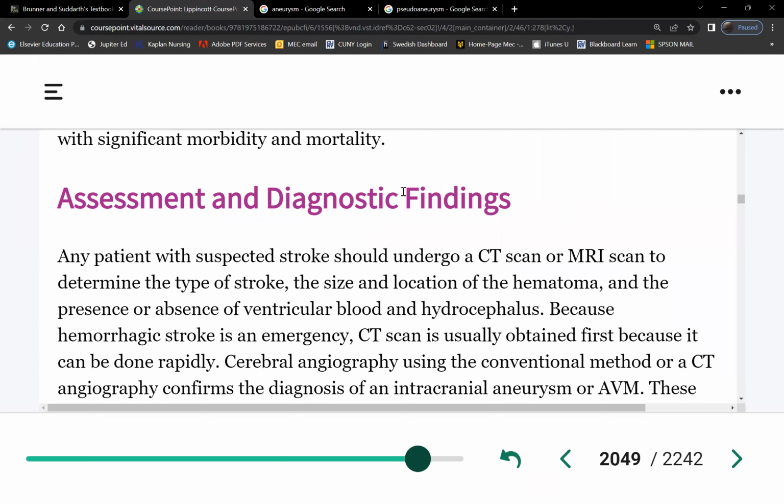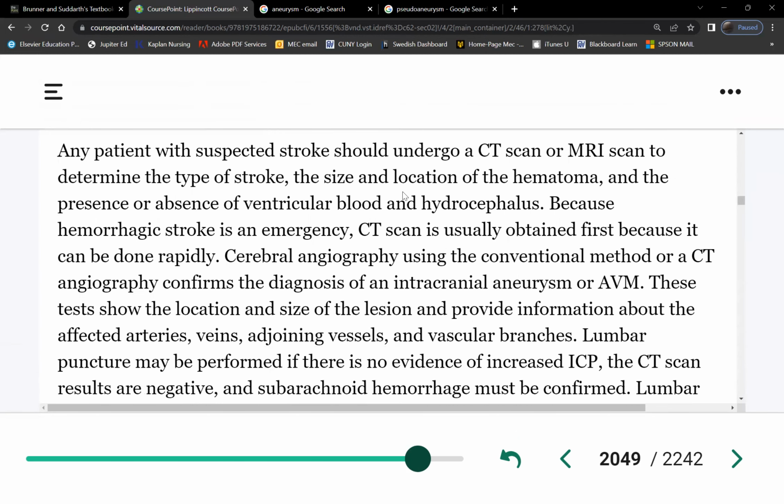But just like any other stroke patient, the first intervention once they arrive in the ER will be what? Okay, CT scan. So they arrive with stroke-like symptoms, we go straight to the CT. And once we have a hemorrhagic stroke, do we prepare alteplase? No. The patient will go into the OR. Depending on the CT finding, if the bleeding is active, then they'll go straight to the OR.